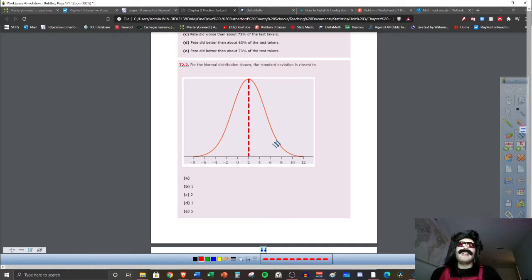And then the first deviation is going to be where the point of inflection is. Okay? The point of inflection. So it's coming down, down, down, and it starts changing directions about right here. So that looks like 5, and that also means going the other way, symmetrically, -1 should be it. So what it looks like to me is that standard deviation should be 2.